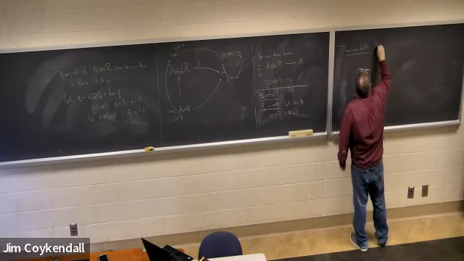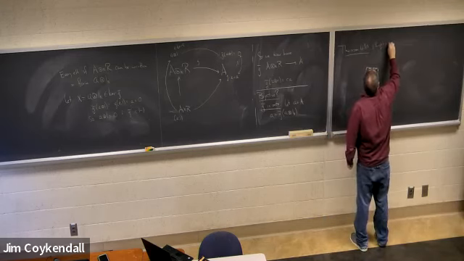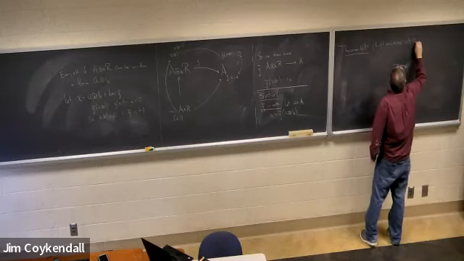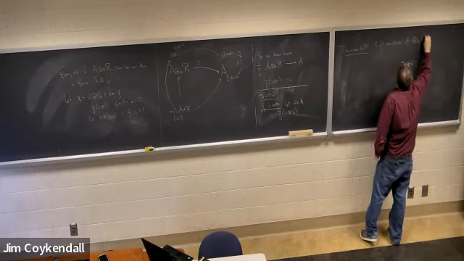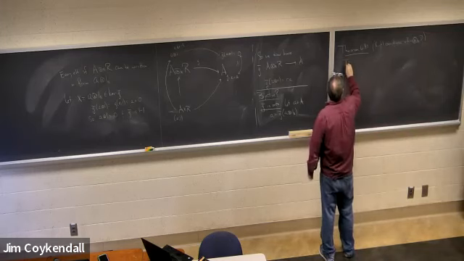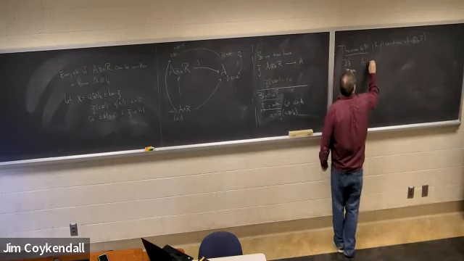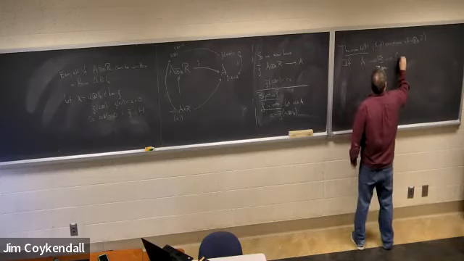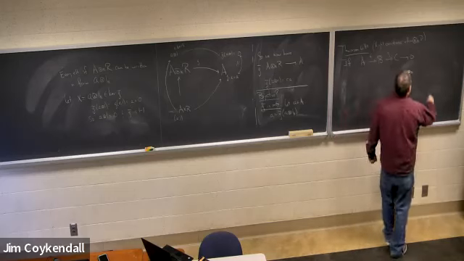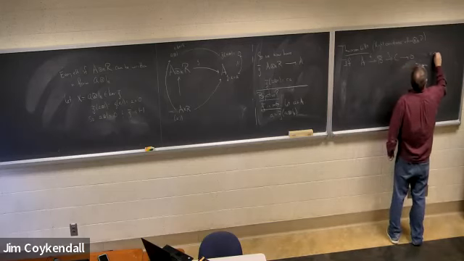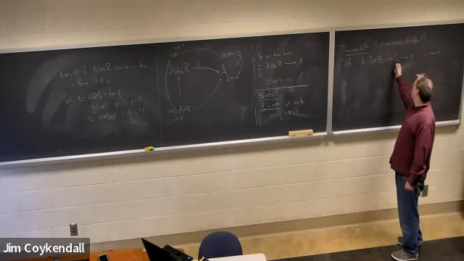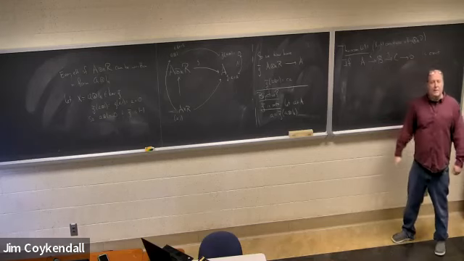Start with this. If this is exact. So this is like contravariant Hom, right? Image of F is kernel of G and G is onto, but A may not be 1-to-1.